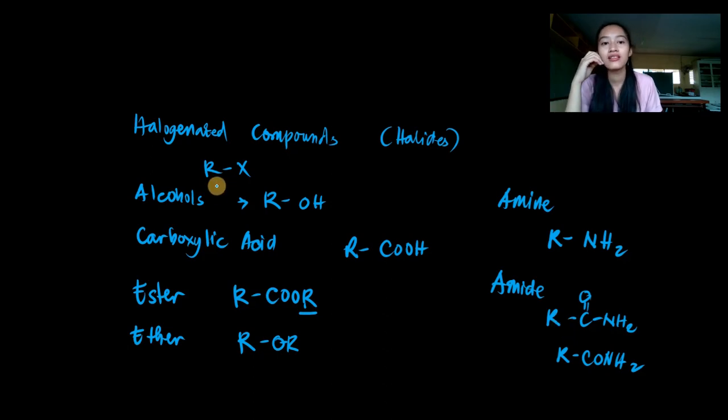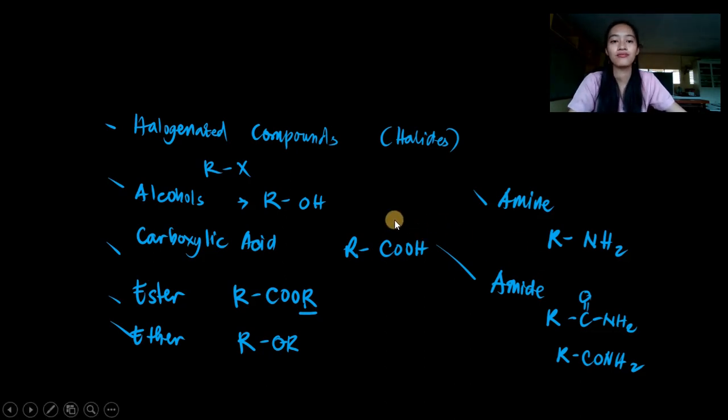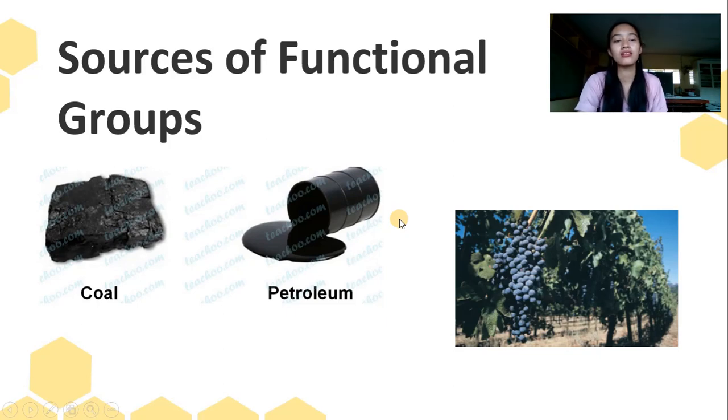Okay, these are the most common of the substituted hydrocarbons. Okay, so where can we find these? The common sources are fossil fuels, coal and petroleum, and natural sources.